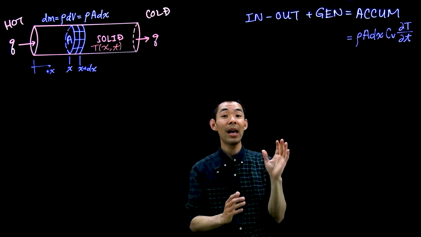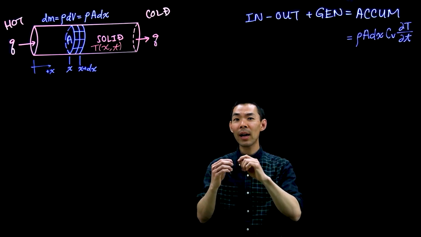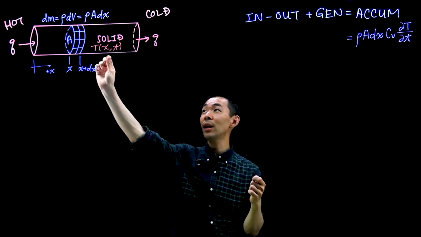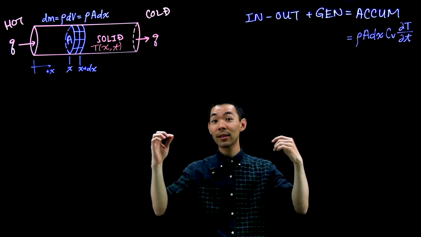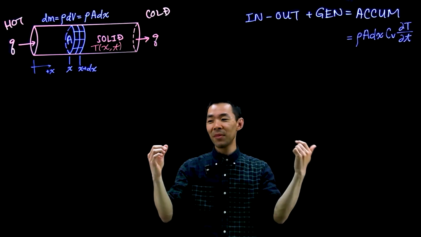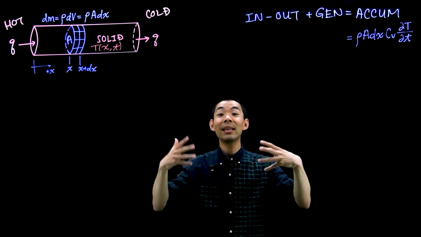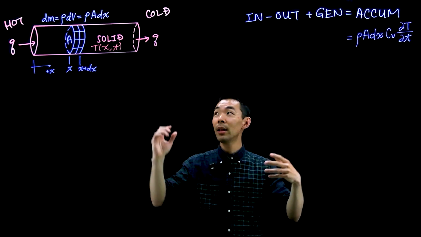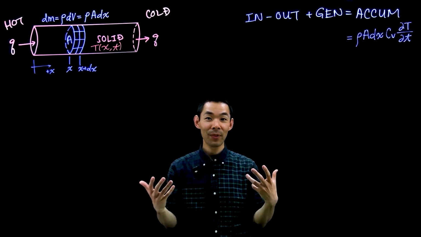Another situation where you might have a generation of energy might be an electrical wire or some kind of heat generator actually located inside the solid. If I had a thin, for example, wire that's electrically conductive, there is electricity running through that wire. Now it's dissipating heat through the copper wire, and therefore the solid material surrounding it would receive heat from that process.